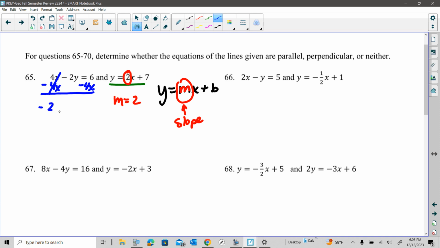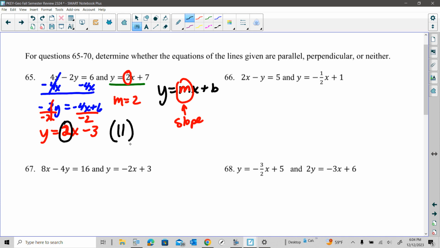This will give me -2y equals -4x plus 6. Then you're going to divide everything by -2. So y equals positive 2x minus 3. And I can see here, this is the slope. These are the same. So the answer is parallel.